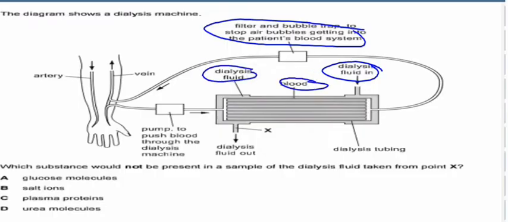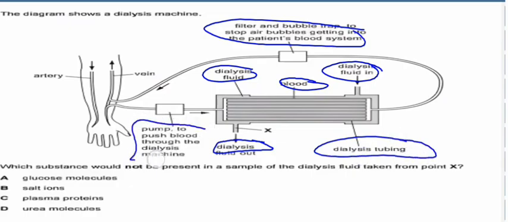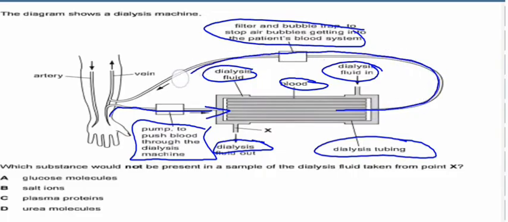At X, we have dialysis fluid out, then dialysis tubing, then here we have a pump to push blood through the dialysis machine. So what is going to happen when the blood enters the dialysis machine? Urea is going to be filtered out and the clean blood is going to enter the person.